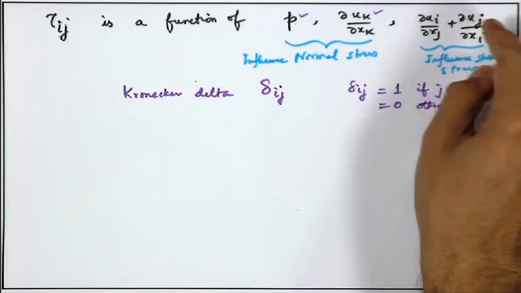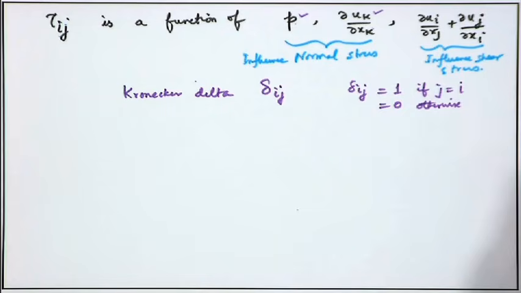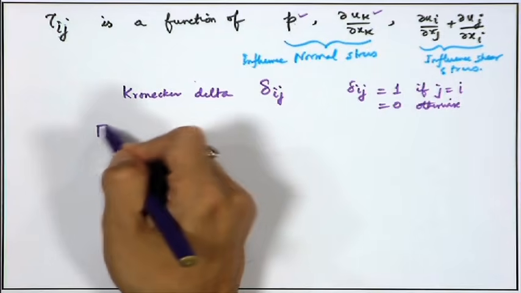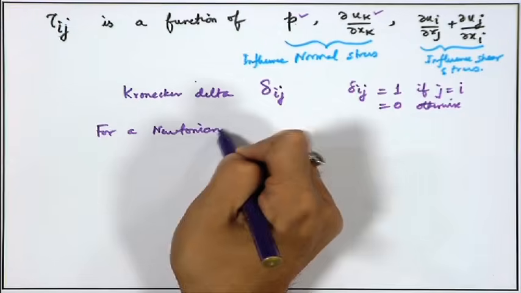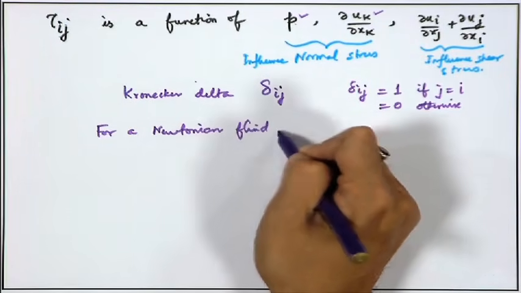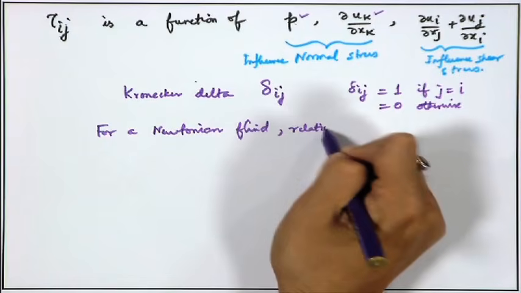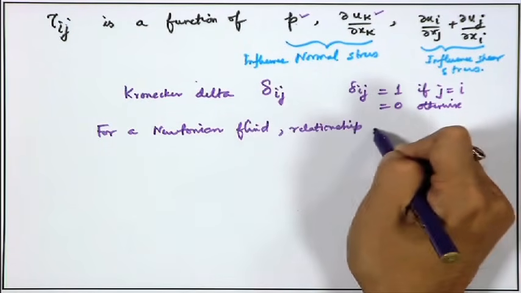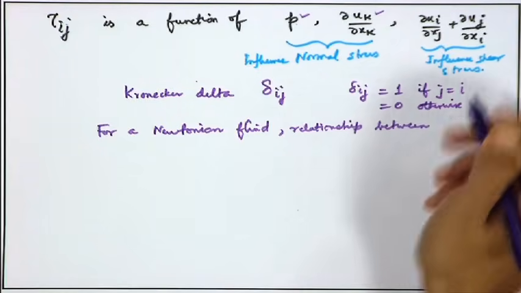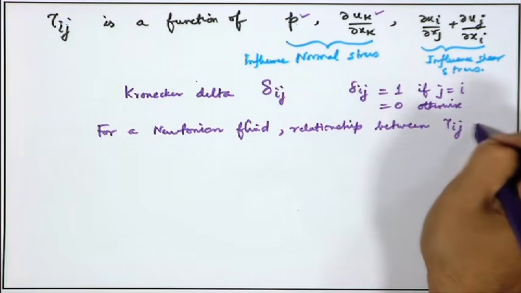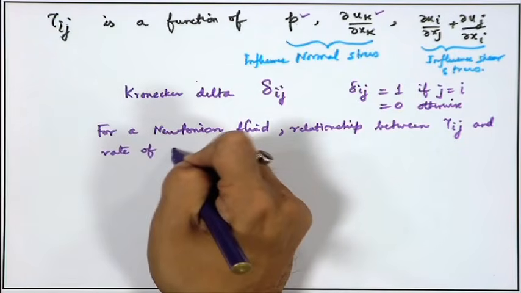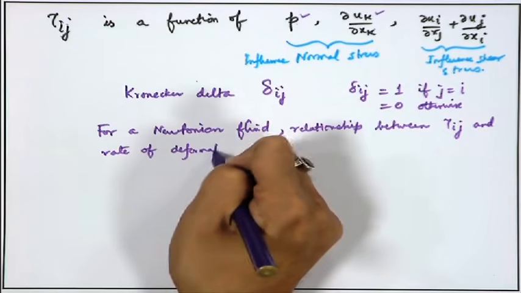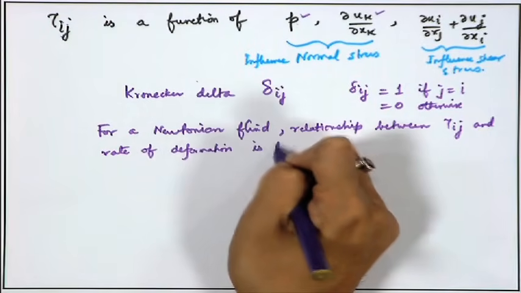So, for a Newtonian fluid, the relationship between tau ij and rate of deformation is linear.